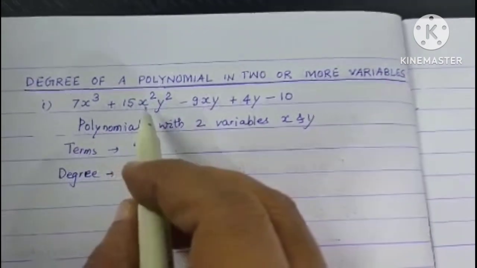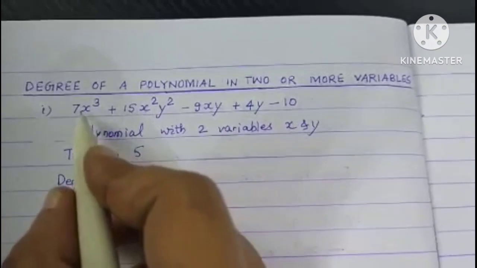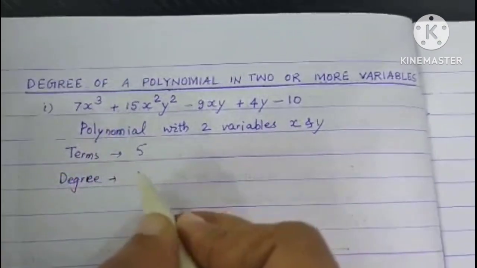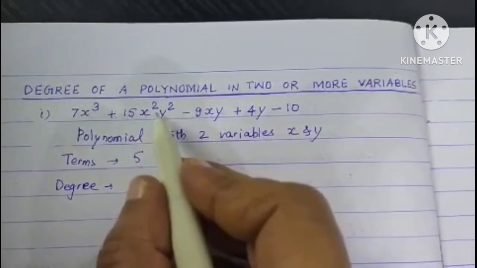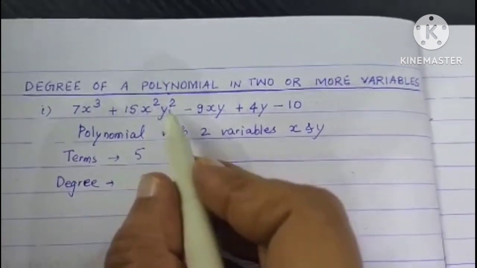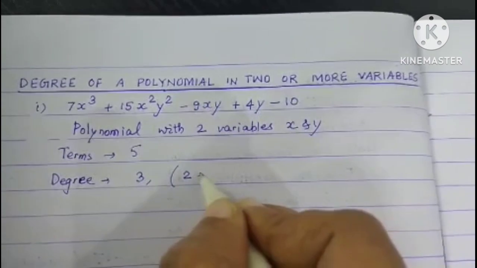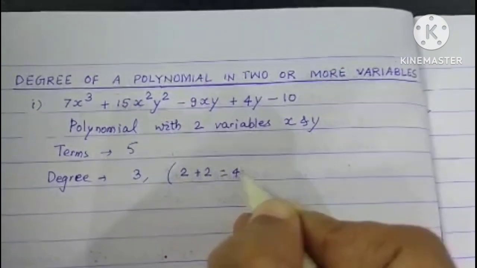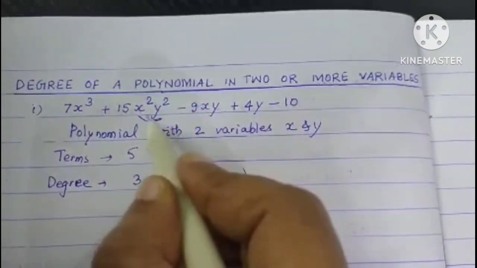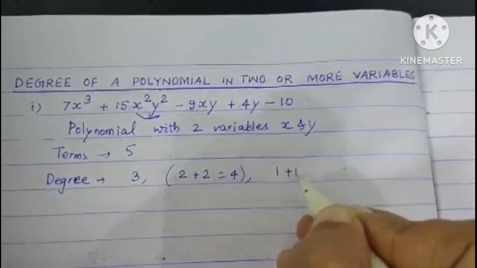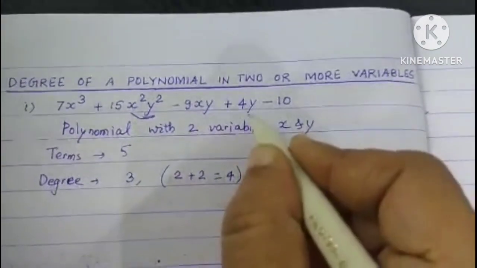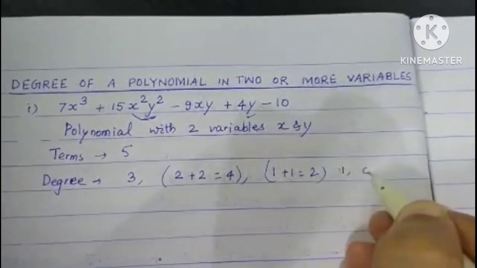In this case we take the highest sum of the powers of the variables. In the first term, the sum of the powers of x and y will be 2 plus 2, that is equal to 4. Here the sum of the powers will be 1 plus 1, that is equal to 2. Here it is only 1 and here it is 0.